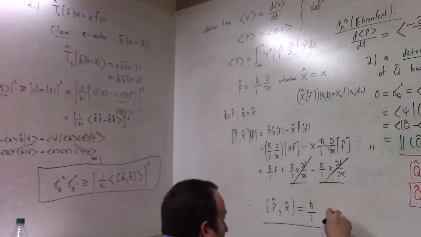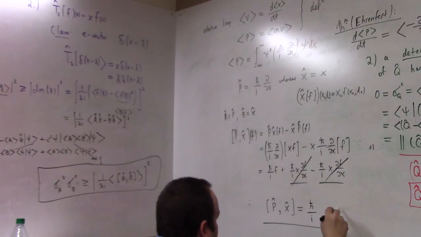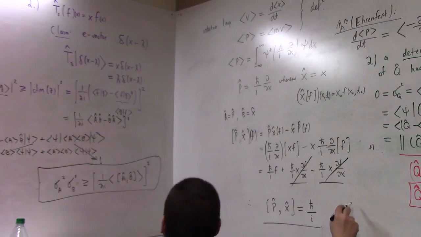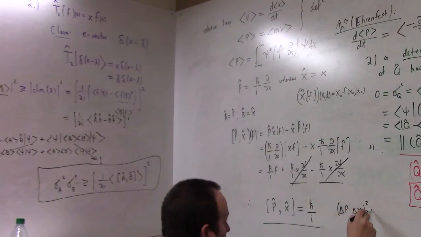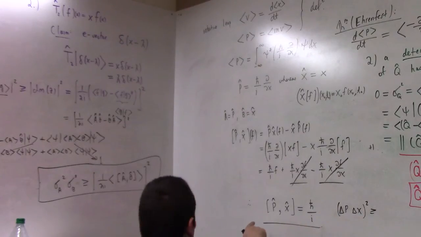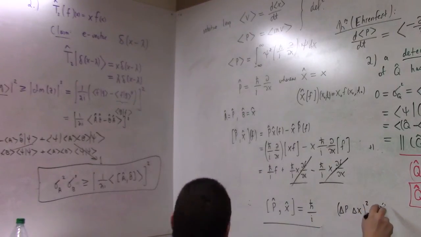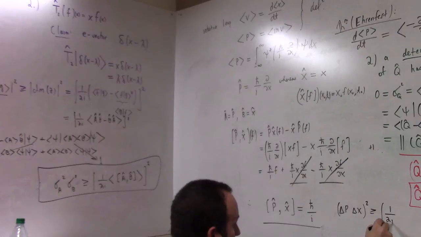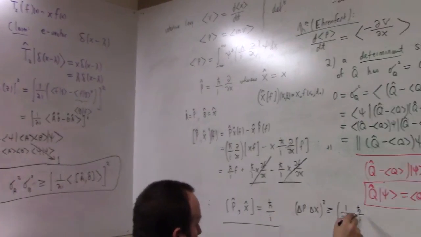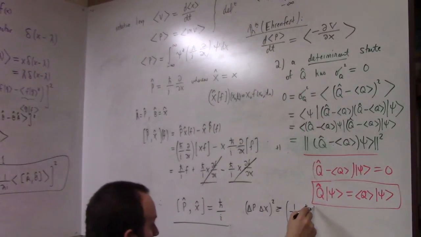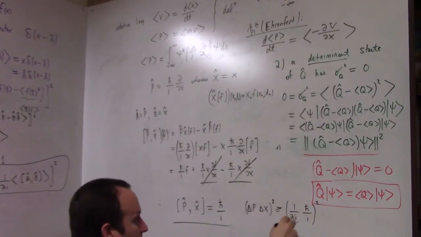So usually you write the uncertainty as change in momentum times the change in position squared, right, is greater than or equal to, and see what happens here? We have 1 over 2i, and then we've got ourselves an h bar over i, squared.